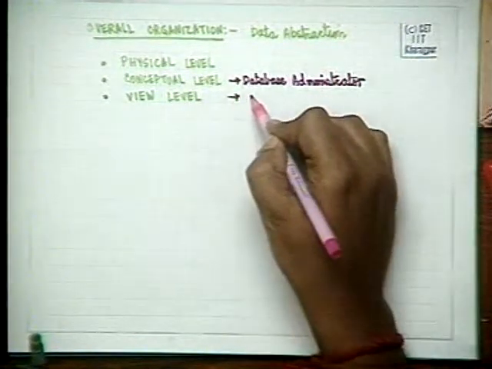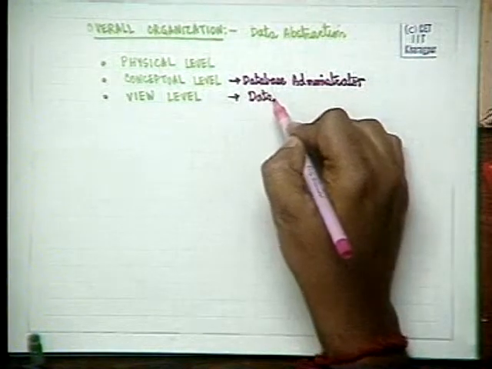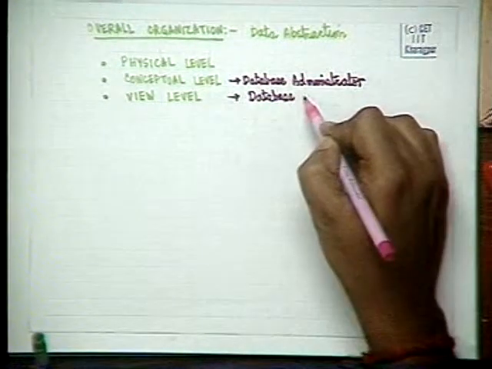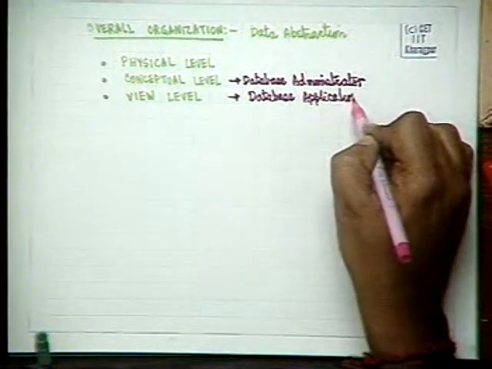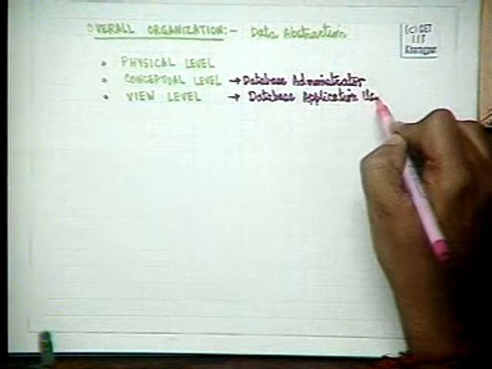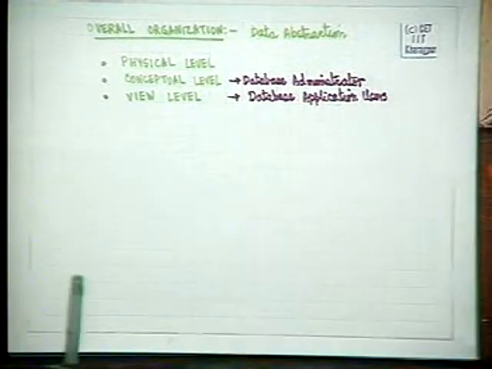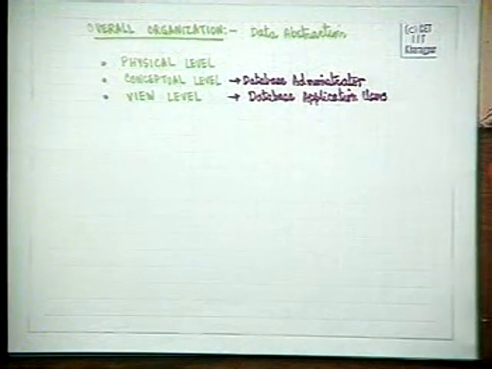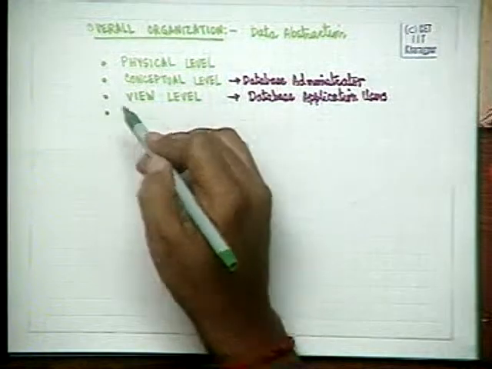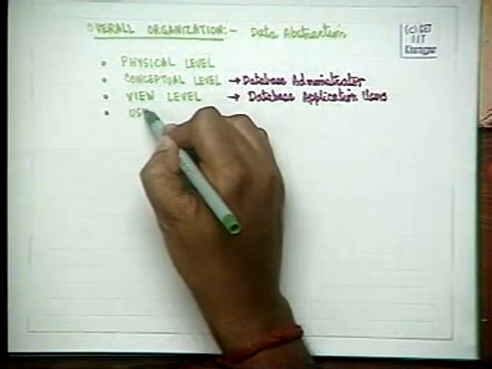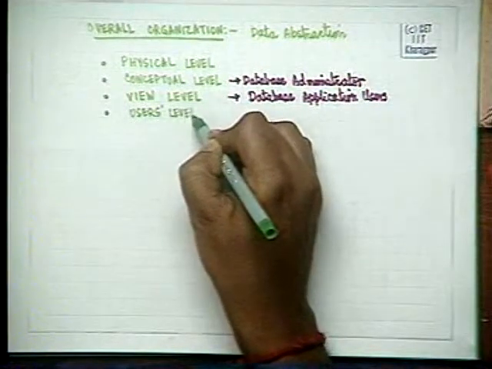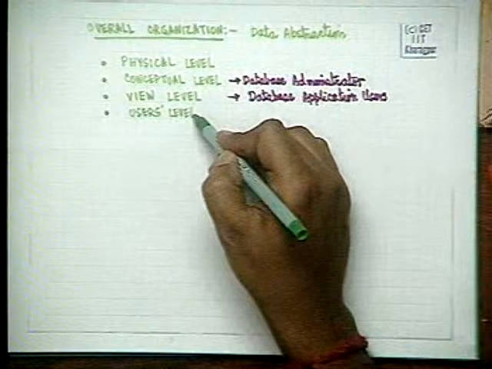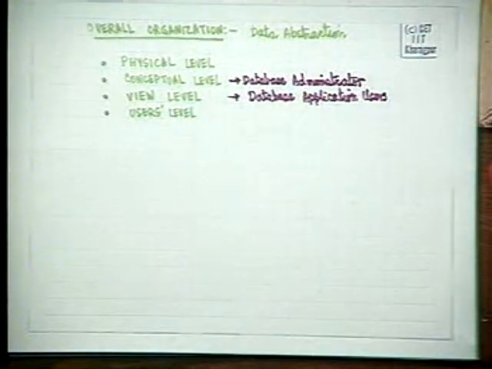This is the view of the database users, application users. These are sophisticated users. And at the last level, you can have the users view. This is a different type of users. The difference between this and this is that these are terminal users, those who work only on menus.